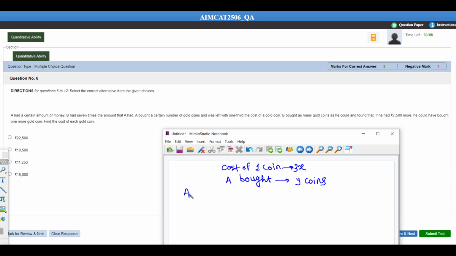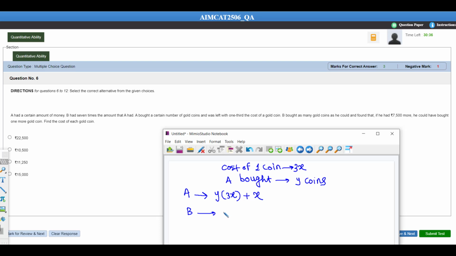So the amount with A is y into 3x plus 1/3 of the cost of a gold coin. 1/3 of 3x is x. So A is having this much amount. Now B is having 7 times of this.